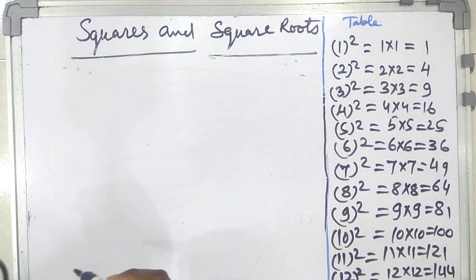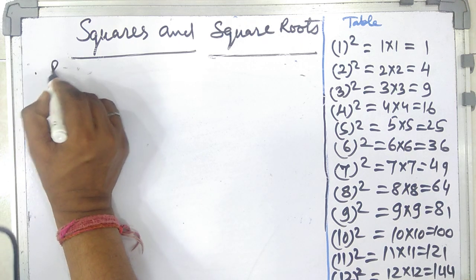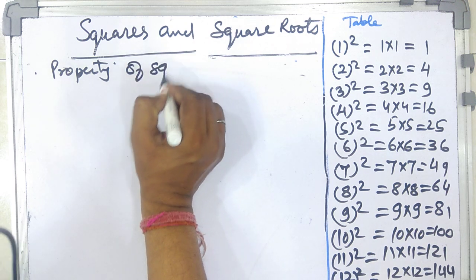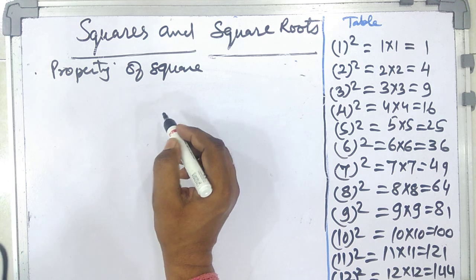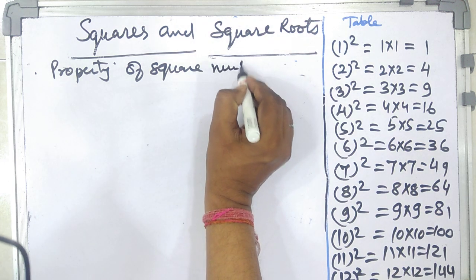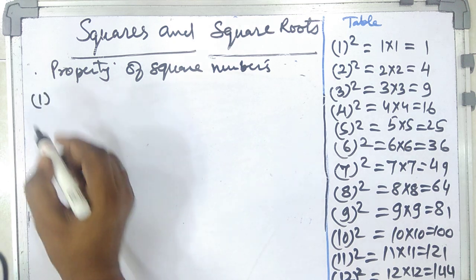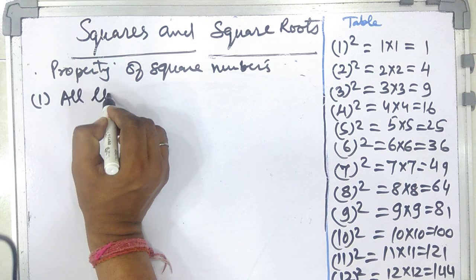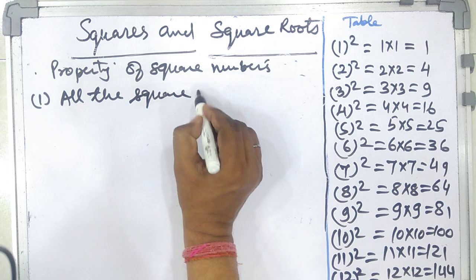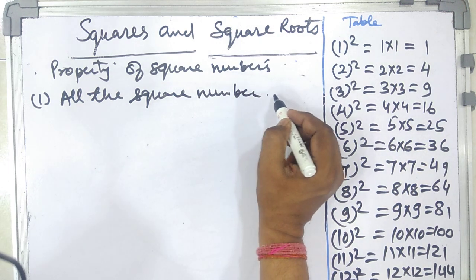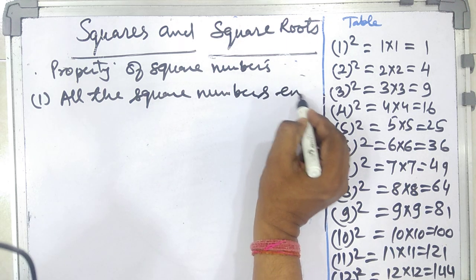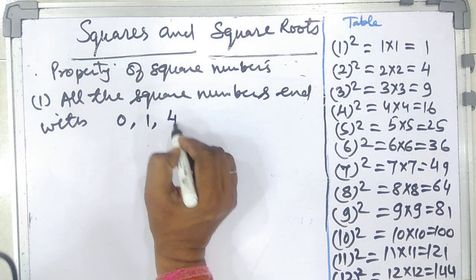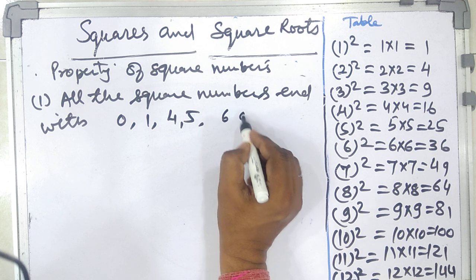First property: all the square numbers end with 0, 1, 4, 5, 6 or 9.